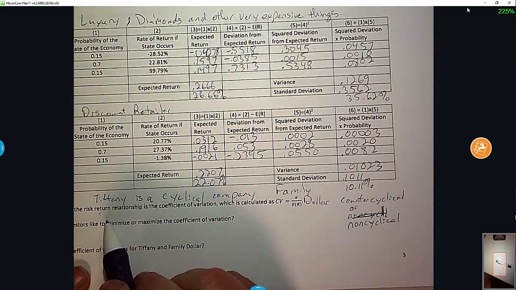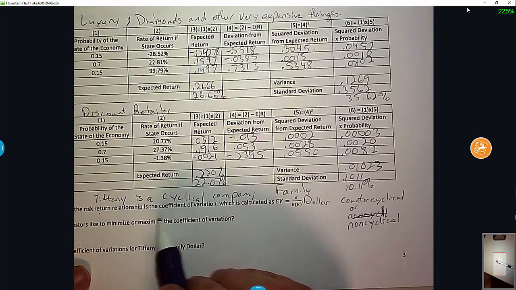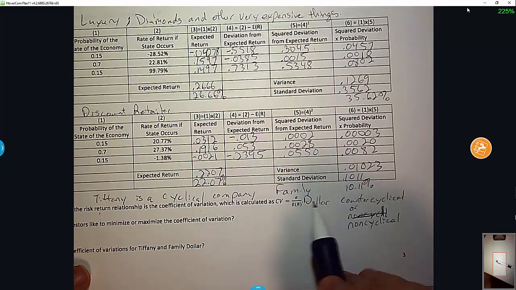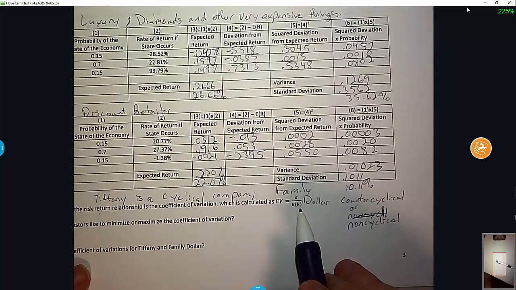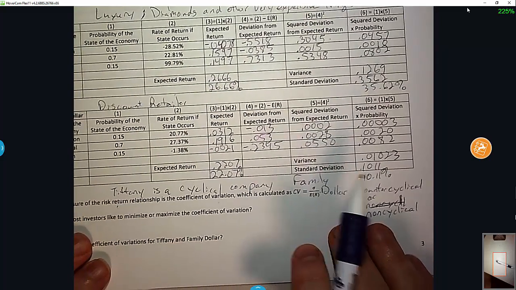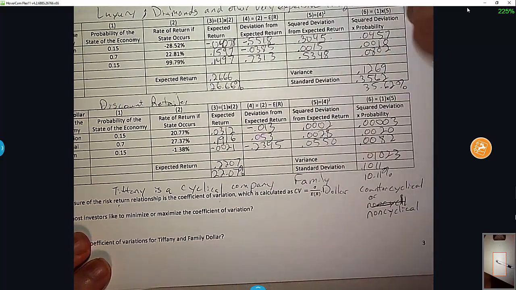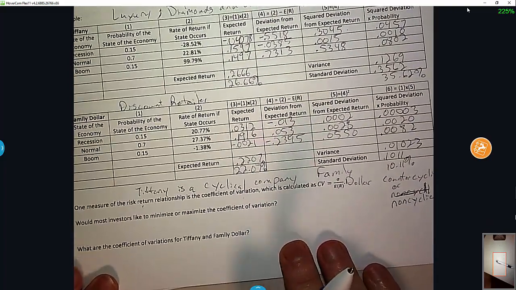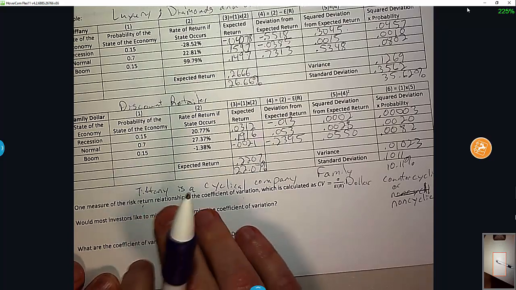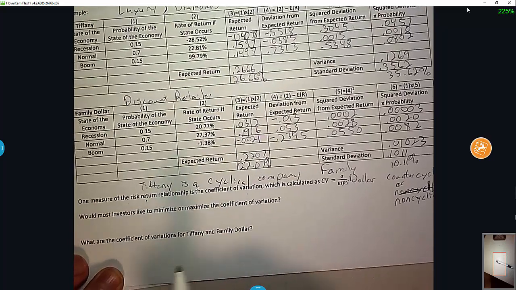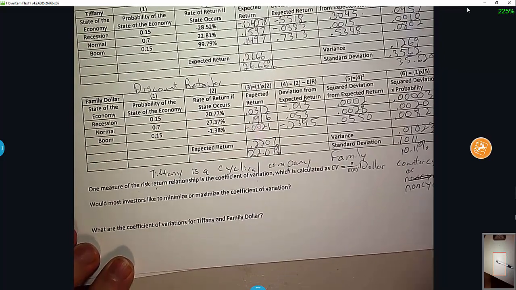So one measure of risk, the risk-return relationship, is the coefficient of variation. It's calculated as the standard deviation divided by the expected return. We can calculate these for both Tiffany and Family Dollar. Would most investors like to minimize or maximize the coefficient of variation?